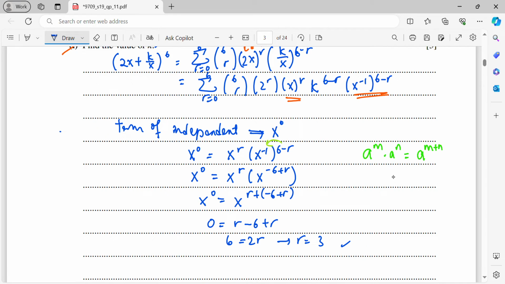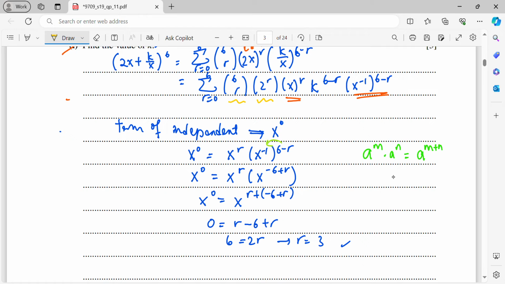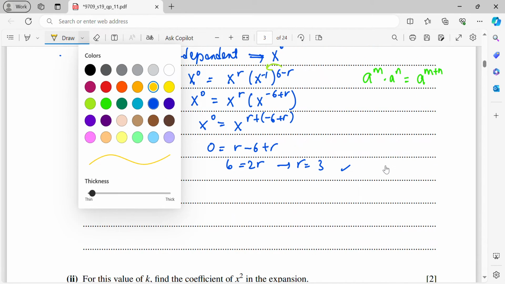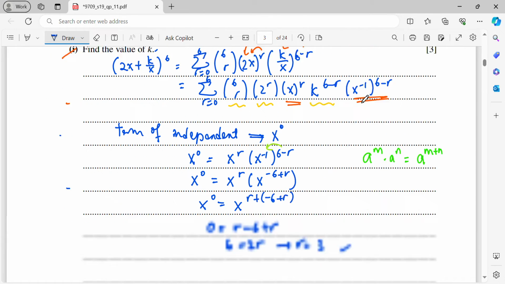And now the term, right? The term will be 6Cr, 2 power r, and k to the power of 6 minus r. So now, I will just write down what's given here: the term independent of x is 540.